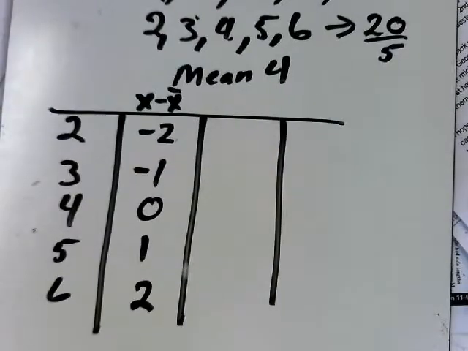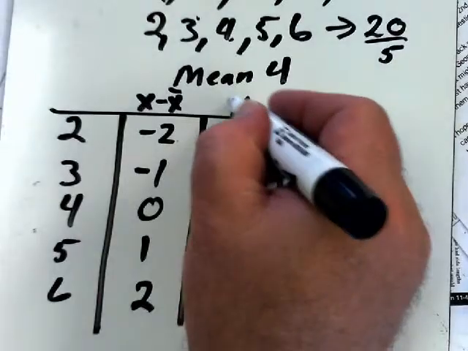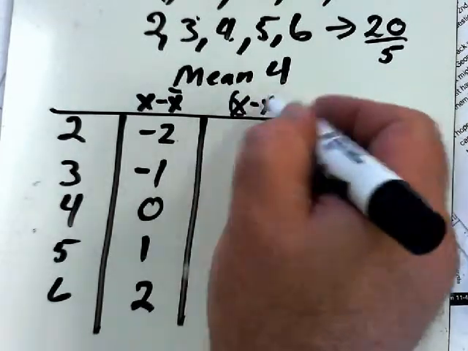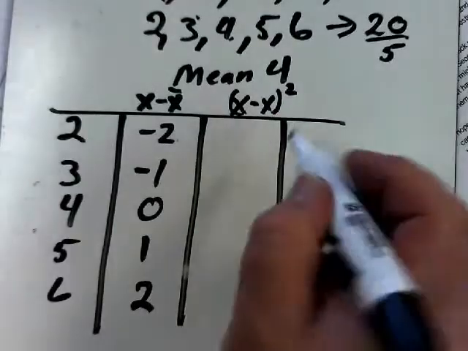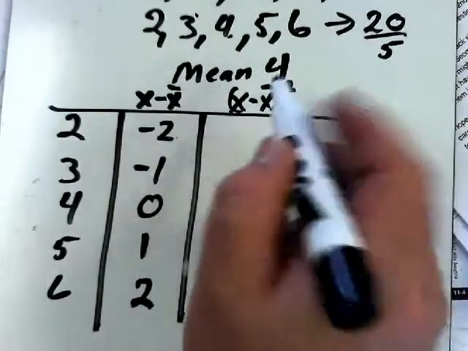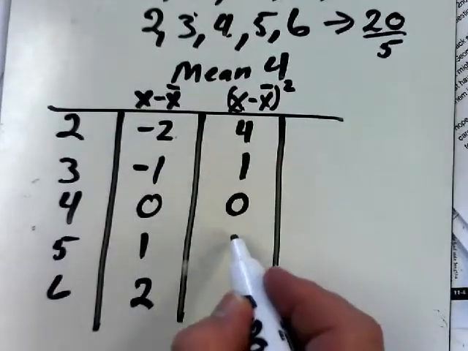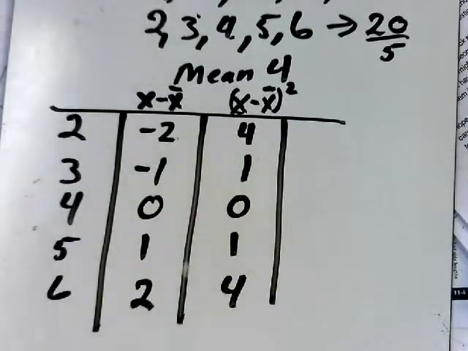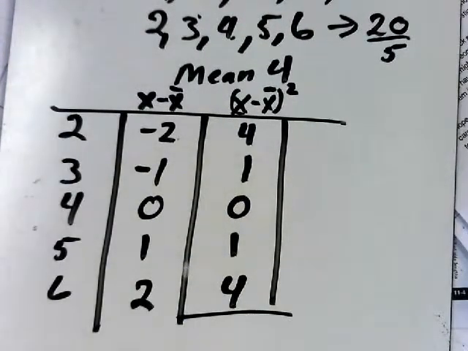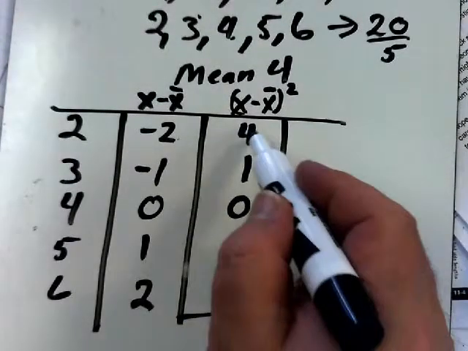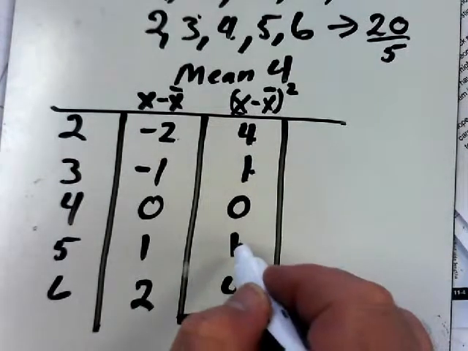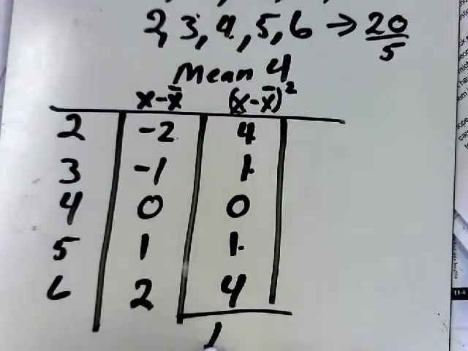Right? Over here, I'm going to square it. So this would be 4, 1, 0, 1, 4. Find the sum. So 4 plus 1 is 5, plus 1 is 6, plus 4, the sum is 10.